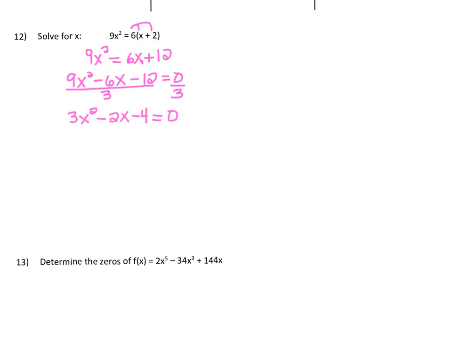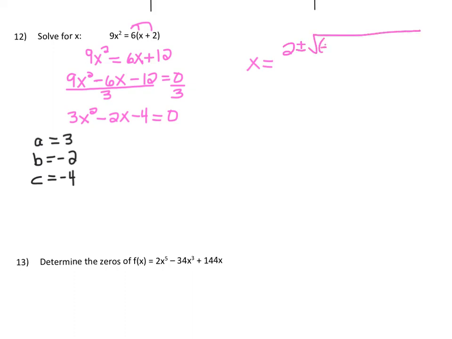All right, so with the quadratic formula, let me write out a equals 3, b equals negative 2, and c equals negative 4. I'm going to do the quadratic formula over here, to give myself a little more room. So we write x equals negative b. Well, negative 2 would be positive 2, plus or minus the square root of b squared.